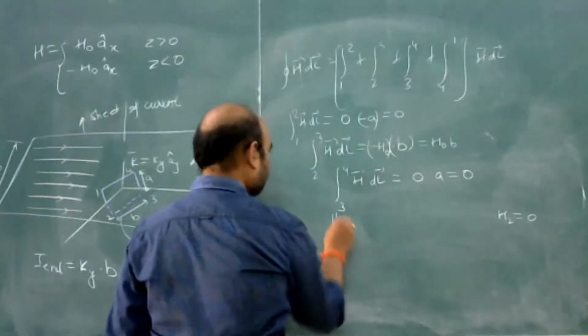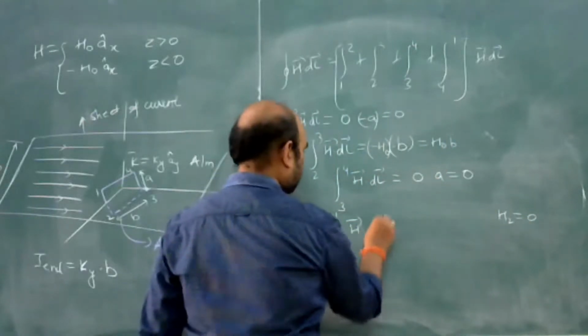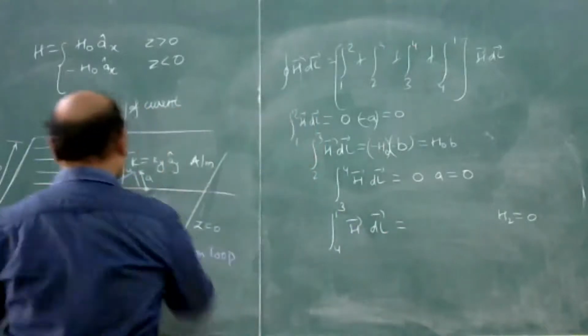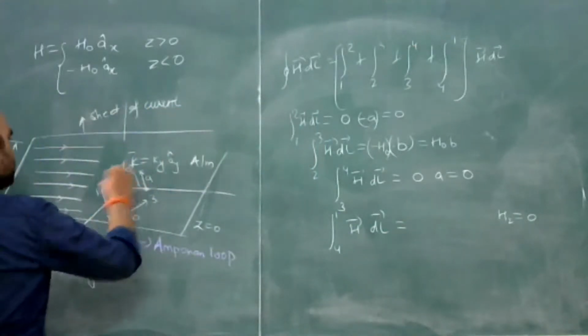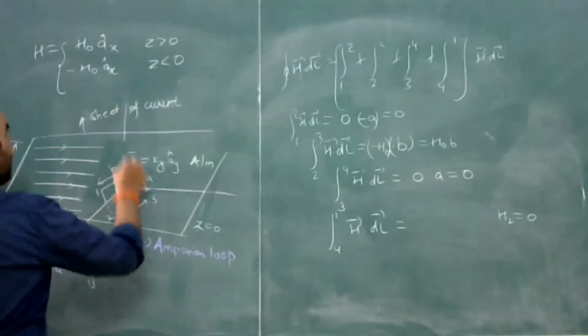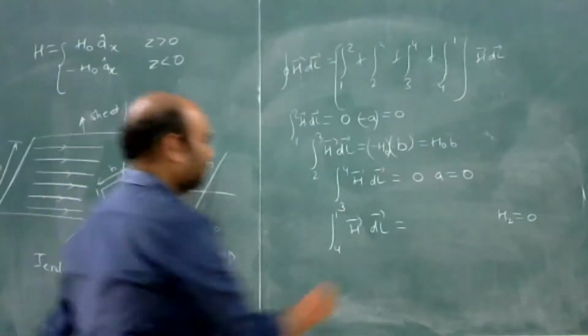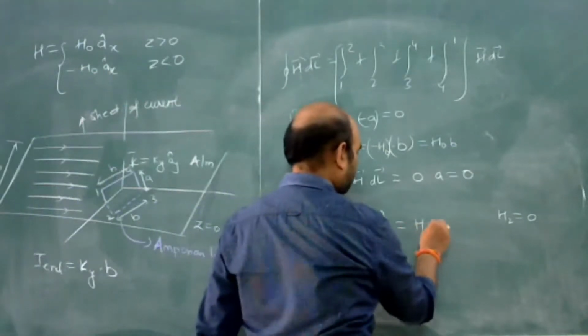Then 4 to 1, H·dl. From 4 to 1, this length is b and H is H naught, so this will be H naught into b.